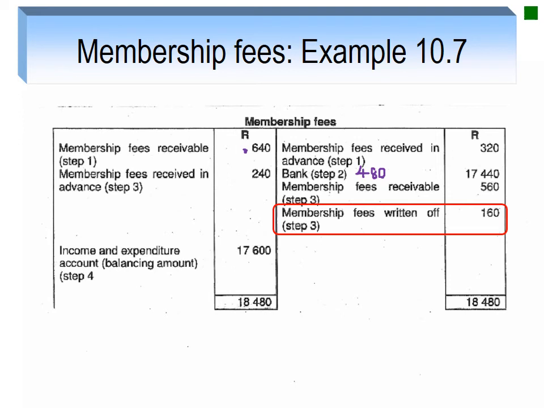And then this 160 over here is the amount that hadn't been paid. So these two amounts together give us the 640, which was our membership fees receivable at the end of last year. So in this journal entry, we're taking the 160 out of the membership fees account because it's not income, and we are going to be debiting an expense, membership fees written off, which is like credit losses.